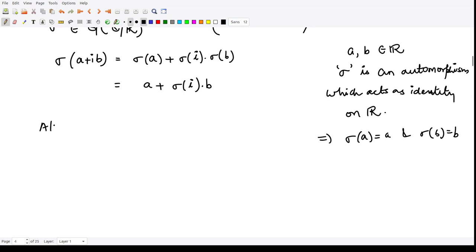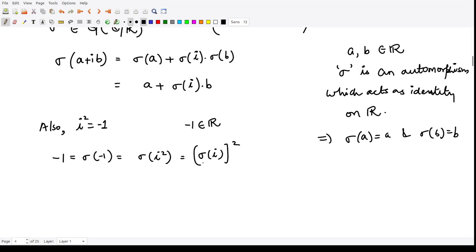Also, we know that iota square is equal to minus 1, right? So we can write that, because this minus 1 is an element of R, minus 1 would be equal to sigma of minus 1. So we can write sigma of iota square, or sigma of iota whole square. Why this step?